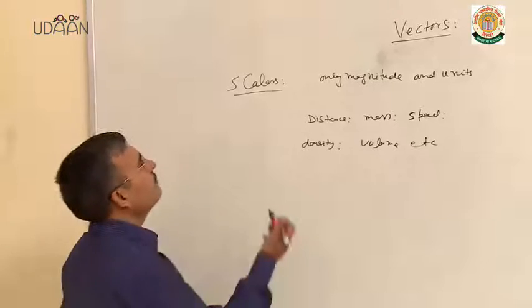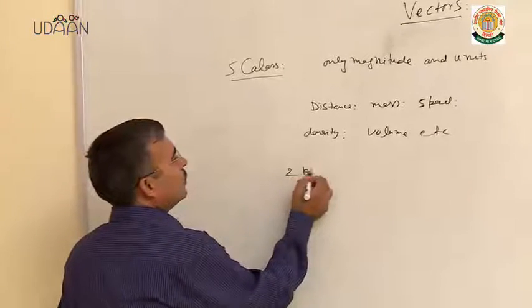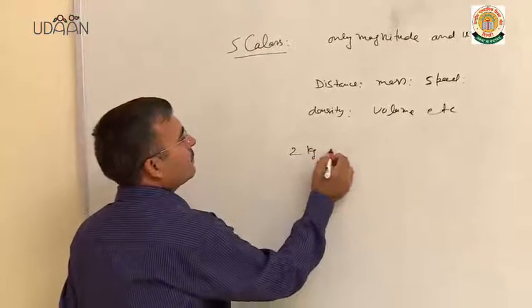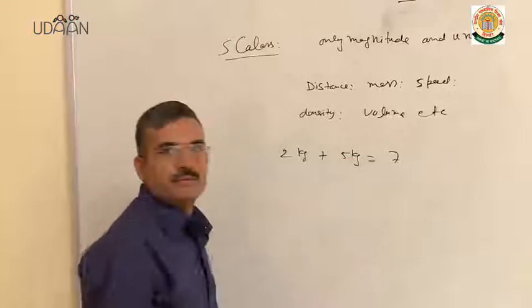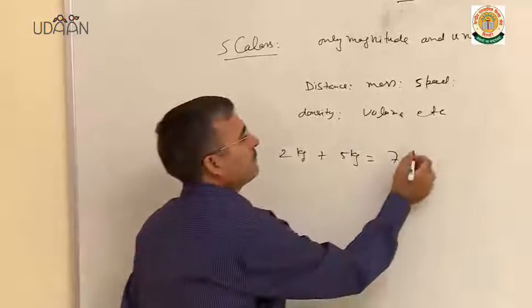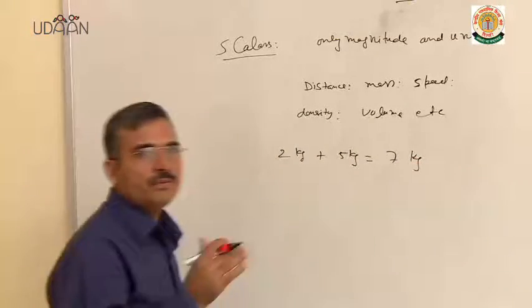For example, 2 kg mass plus 5 kg mass is always 7 kg mass. No other information.